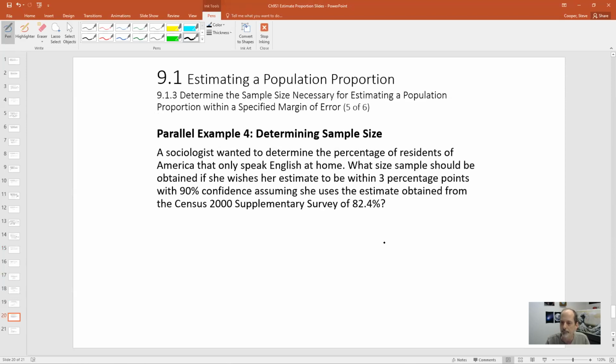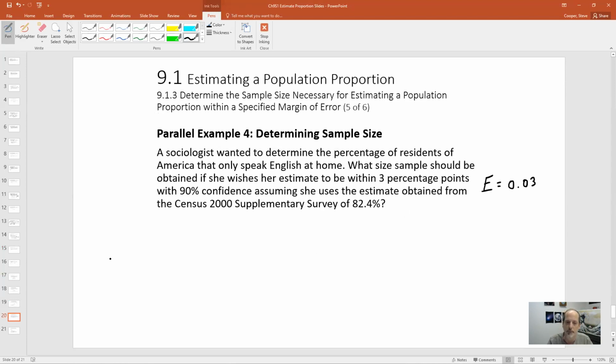Okay, did anybody come up with an n for this? So for the 3 percentage points, basically your E that you'll need to use is that.